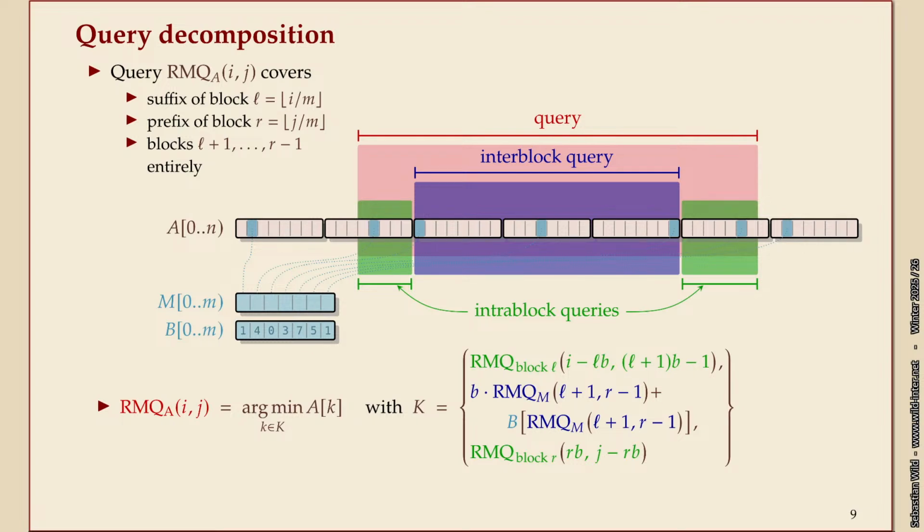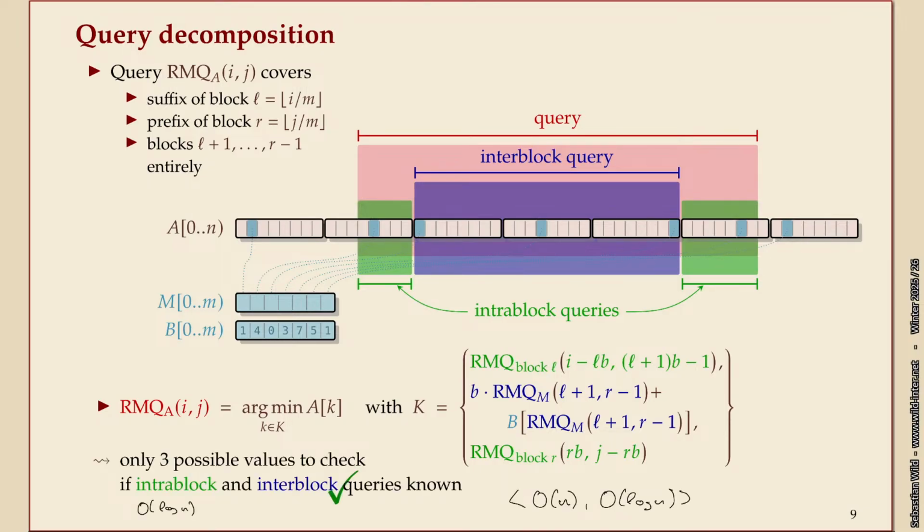Then the overall answer will be the minimum in this green part, the minimum in this green part, or the minimum of all the blue minima. Again, you compare these 3 candidates and give whatever is the smallest as the answer. Now we've seen how to do the dark blue one in constant time recursively, or using sparse tables on the block minima. And we could just walk over the green part. That's where we left off.